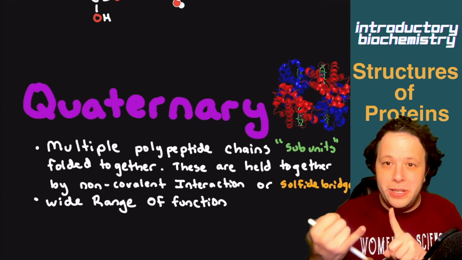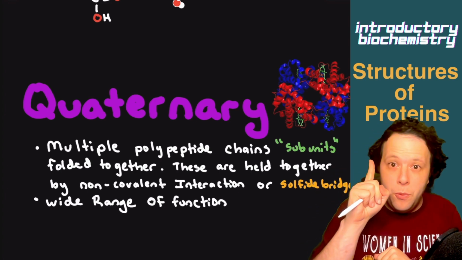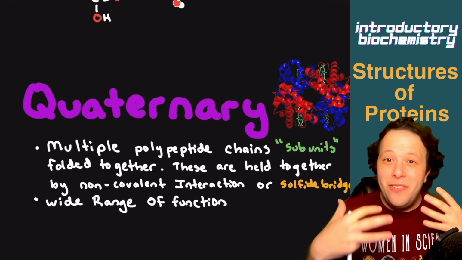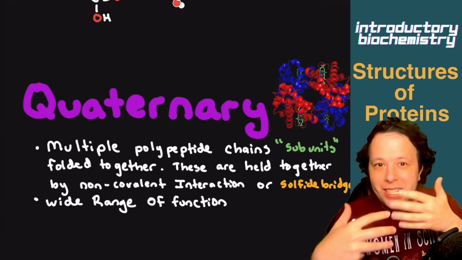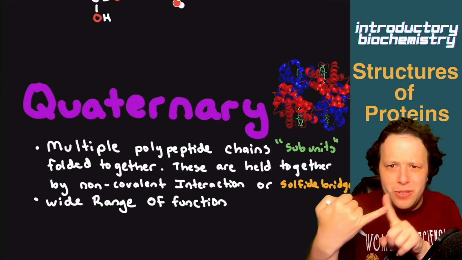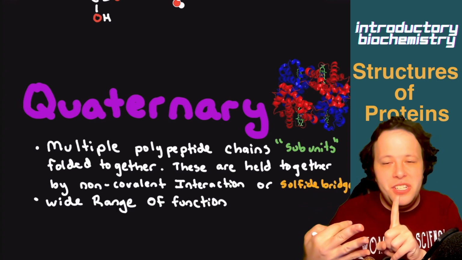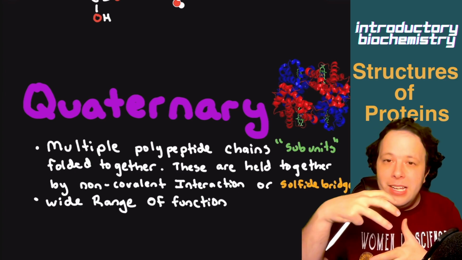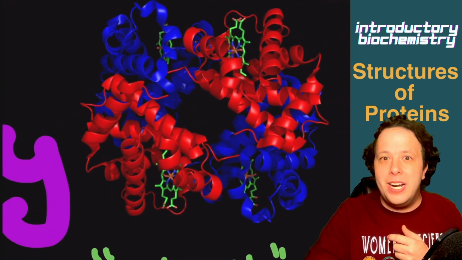Earlier, when we talked about primary, secondary, tertiary, that was talking about one chain. If you take many of them and fold them together and bond them together, either through disulfide linkages or through ion or salt bridges or hydrogen bonding, it can create a super big complex that could have a variety of functions.